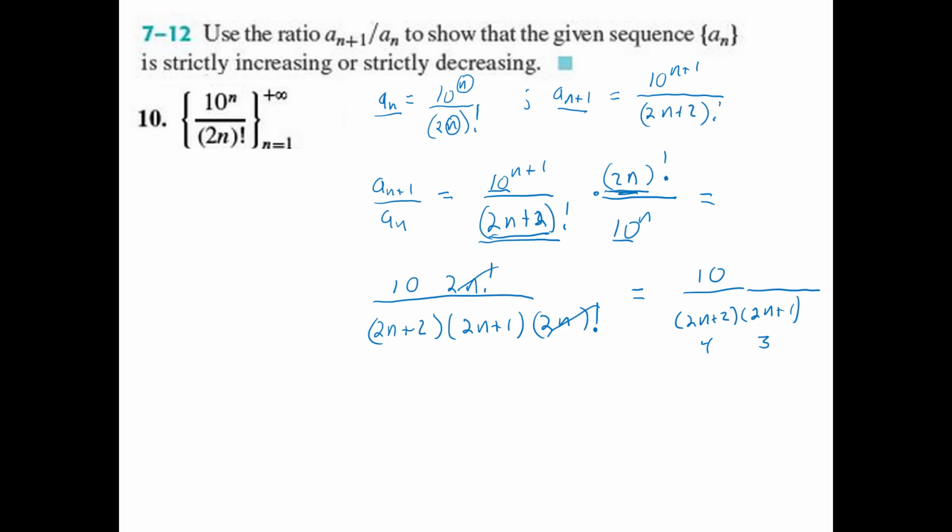So it should be pretty clear that 10 divided by 2n plus 2 times 2n plus 1 is going to be less than 1, because this number will be bigger than 12 and the number on top stays fixed at 10. So since this is less than 1, therefore decreasing.